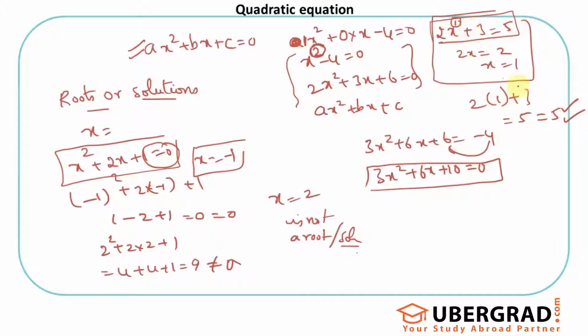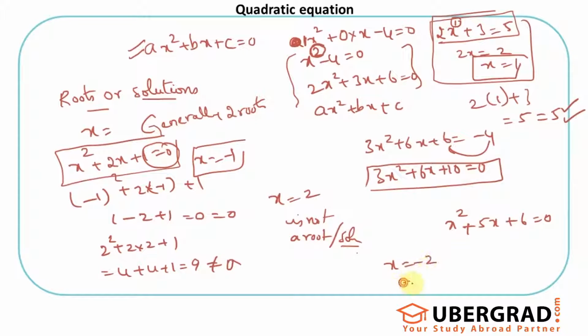For a linear equation, there will be one value which would satisfy, but when it comes to a quadratic equation, we will generally have two roots. Let me take an example, x square plus 5x plus 6 is equal to 0. The roots are minus 2 and minus 3 for this.